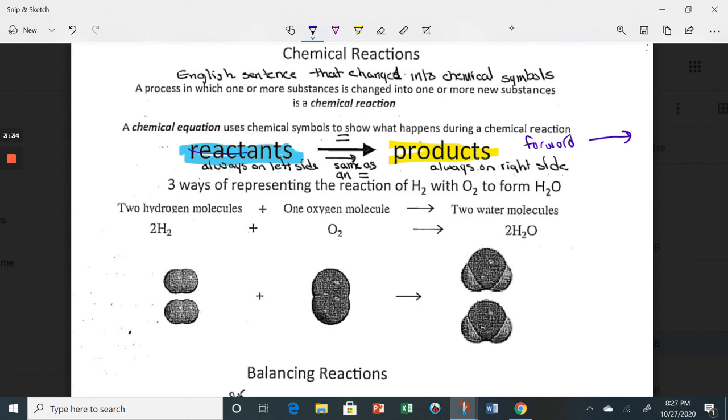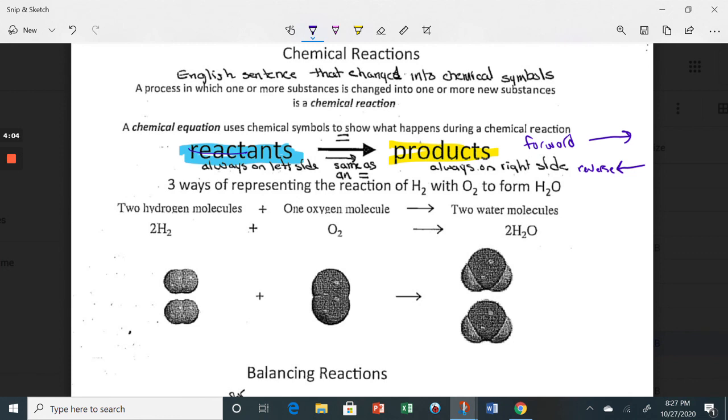We can go the reverse direction, which goes right to left, and then it kind of flip-flops. Technically, if we go in the reverse direction, what we start with is the products, and they now become the reactants. What you make on the left-hand side is your new products, which used to be your reactants. Some reactions can do both forward and reverse at the same time.